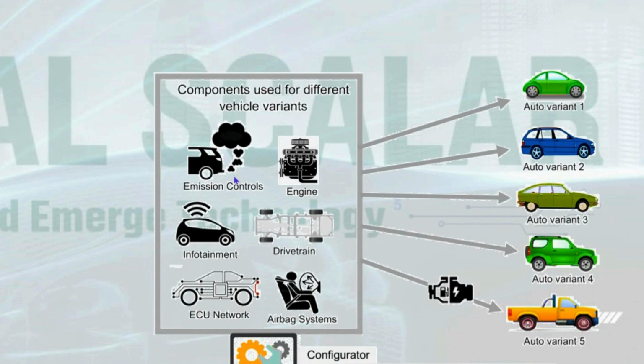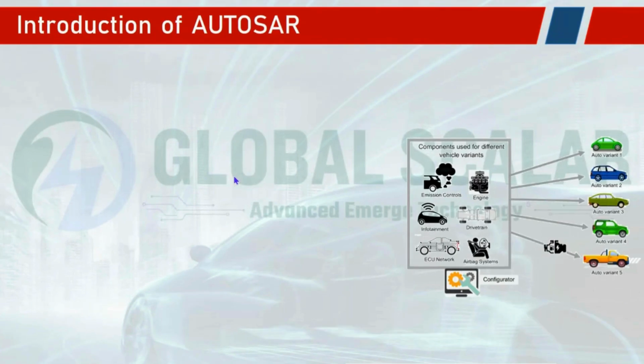Once the software is developed, the vehicles need to release variant 1, variant 2, variant 3 in the market. To release to the market, with the same software they change the variant naming and release it. So the complexity of the software is added depending upon the variants in the vehicles.